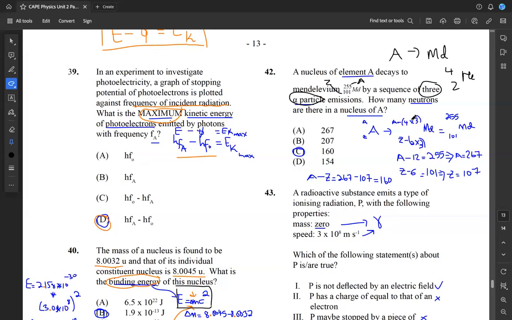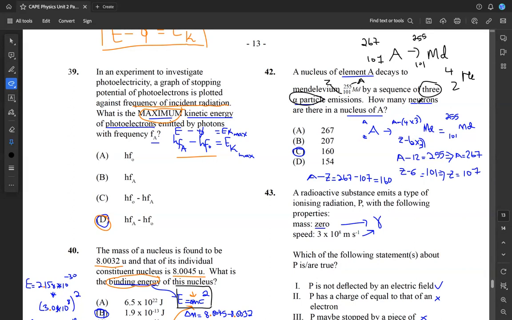And then if A minus 12 is equal to 255, then that means that A for what we started with was 267, right? So effectively what we started with here is 267, 107, and then we ended up with mendelevium 255, 101, right? So this is what this little equation that I came up with here is telling us.